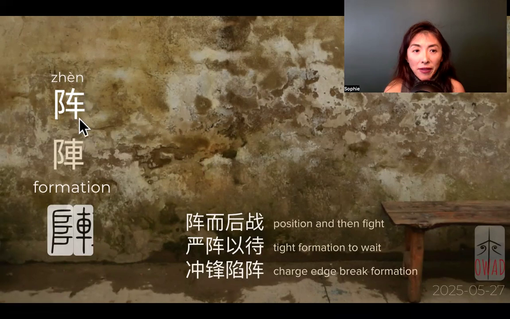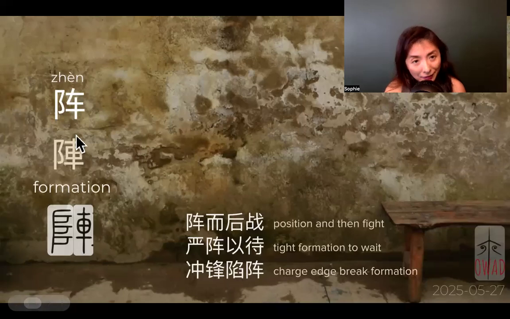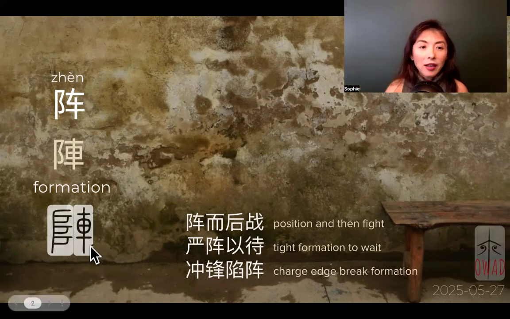When you see simplified, traditional, and 2,000-year-old dictionary forms, things get more and more simplified over time. So to see what it originally meant, we go back 2,000 years to see how this zhen looks. I translate it as a formation, but let's see if I can explain it so it makes sense.